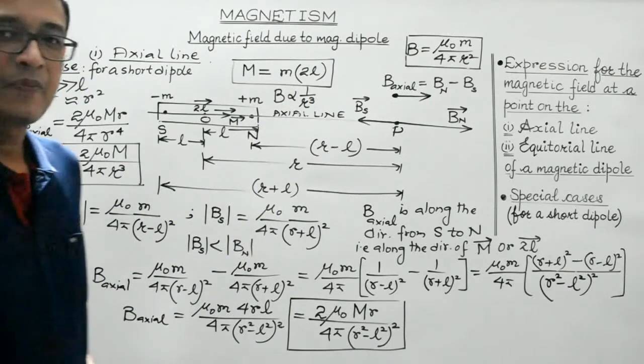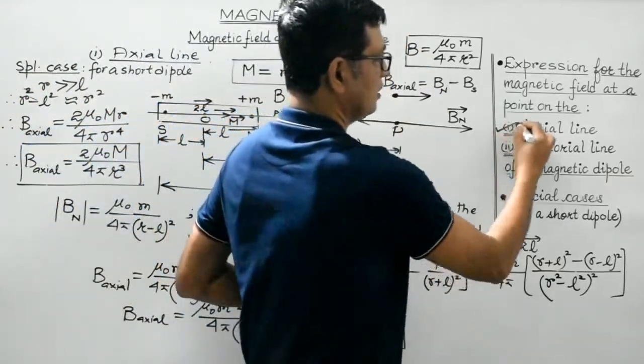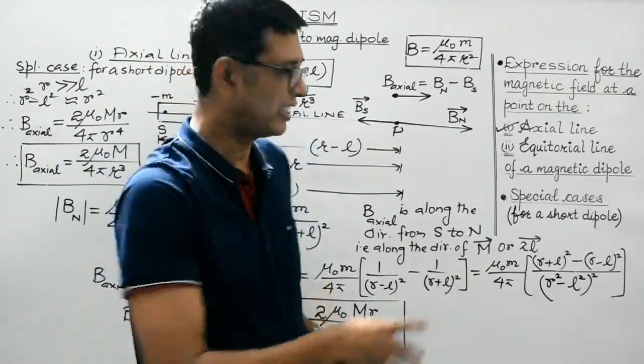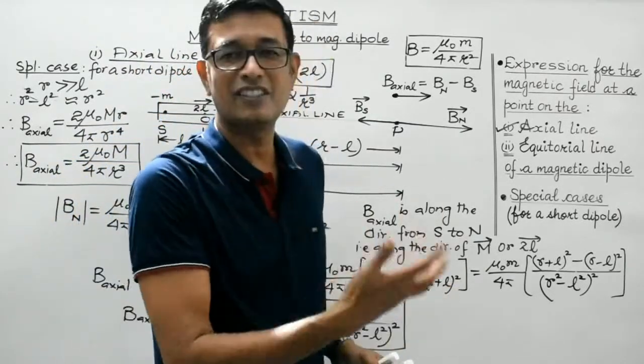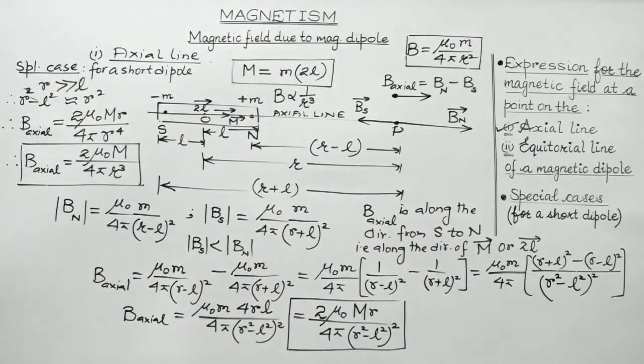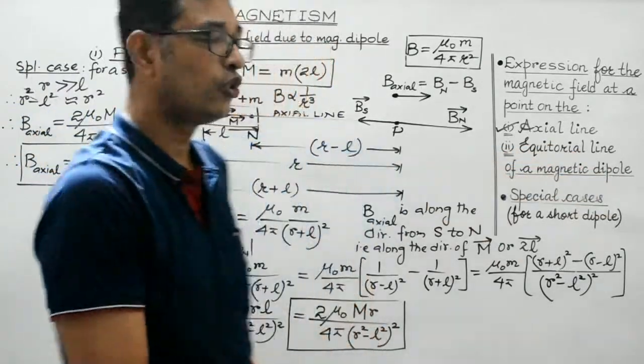Clear, students? So we are over with the first article, that is the expression for the magnetic field at a point on the axial line, its expression, direction, and we have discussed the special case as well, right? So students, let's proceed with the second article, which is the equatorial line.